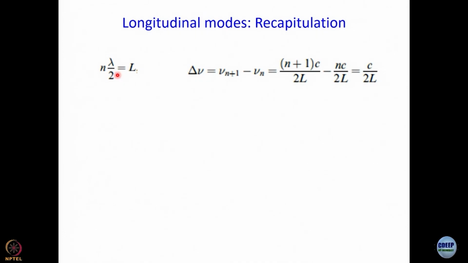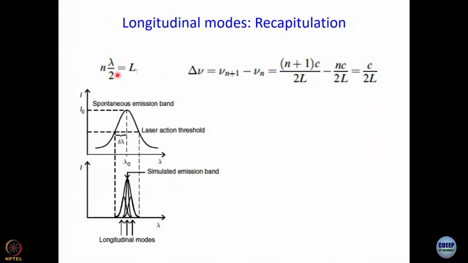It is the round trip time. So, it turns out that delta nu, the difference between two successive modes, is equal to the inverse of the round trip time. If you do not remember this, you better write it down. We are going to need this later on in this module or the next.